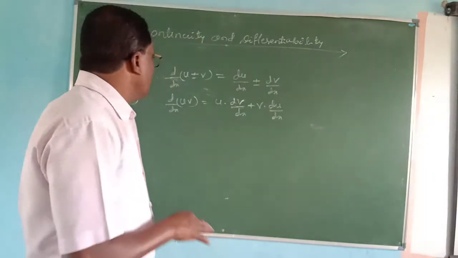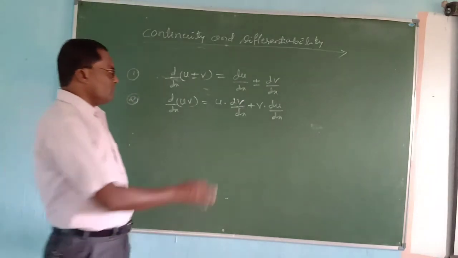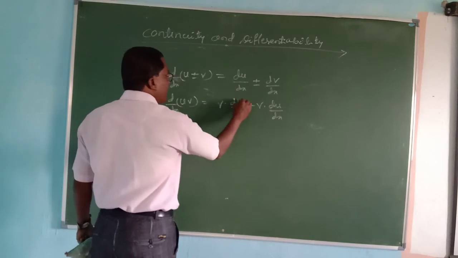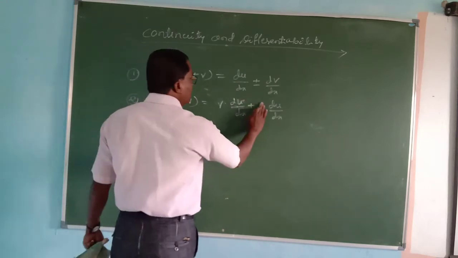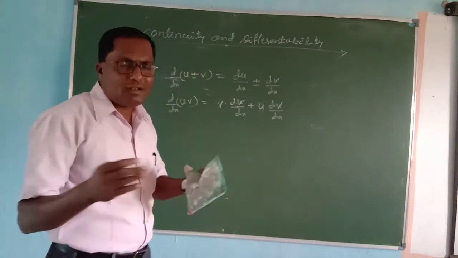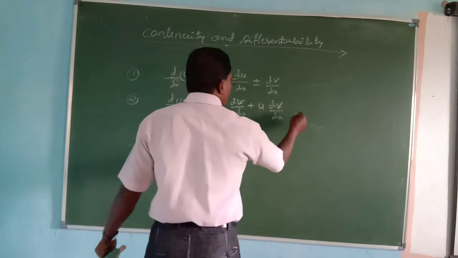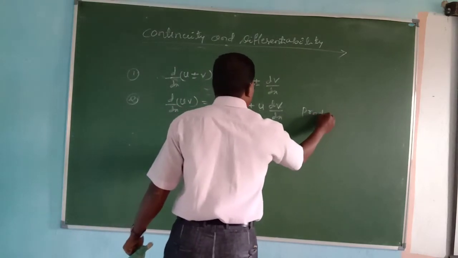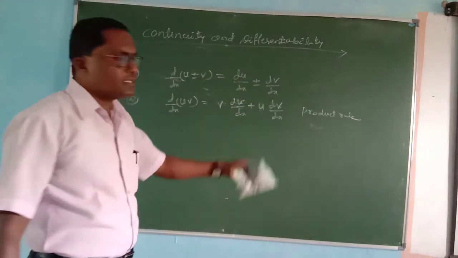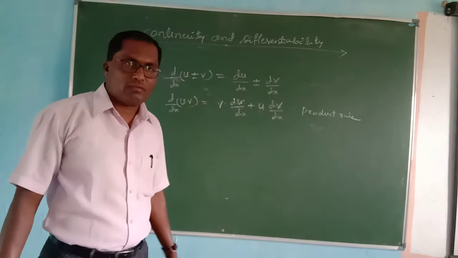So sometimes we use v into du/dx, then u into dv/dx. This is also called the product rule. That one is called the sum and difference rule.